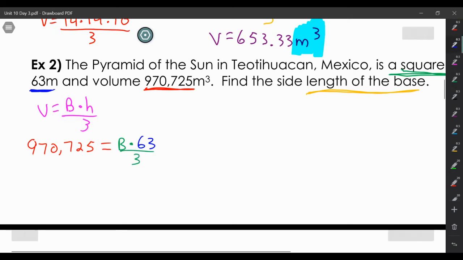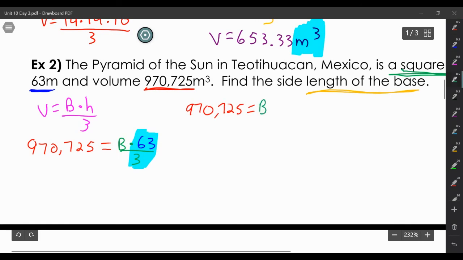So what we need to do is get b by itself. Well, the first thing that I'm going to do is notice, hey, I can simplify that 63 over 3. So then we have 970,725 equals b times 21, because 63 divided by 3 is 21.